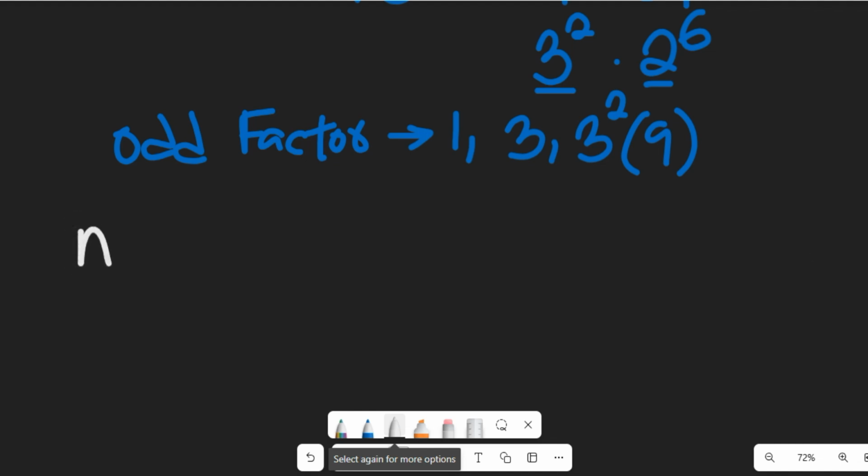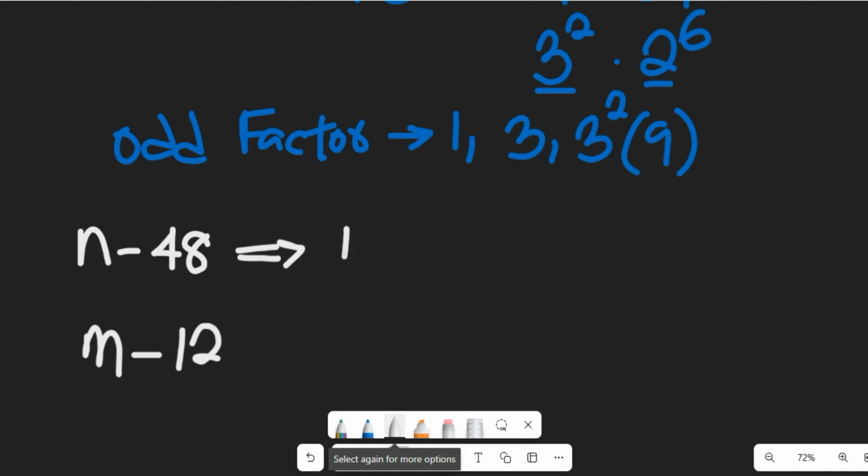So we will get n minus 48, and then we will get m minus 12. So if all the numbers for n minus 48 give us 1, it will give us 3, and it will give us 9. Now what will be the other numbers for m minus 12?